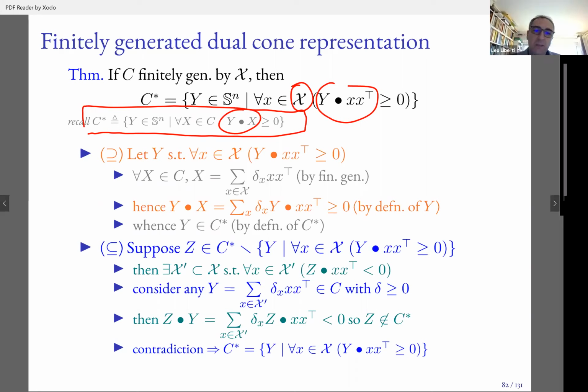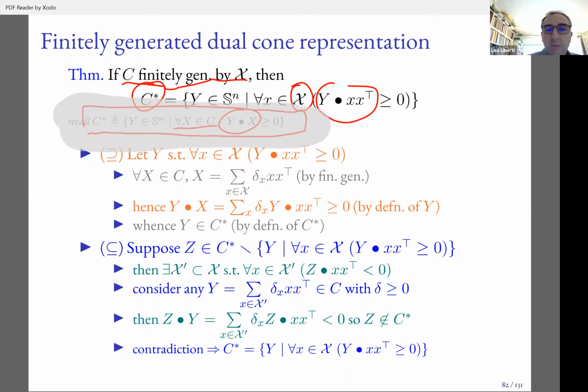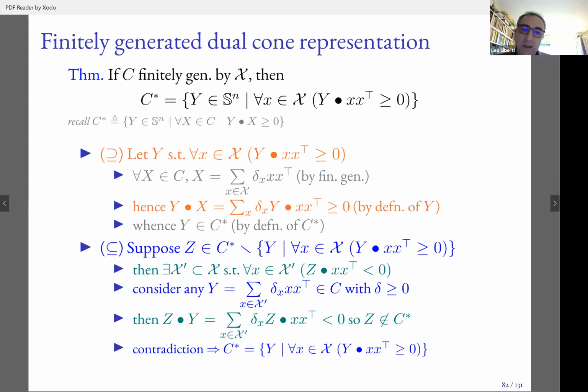So if C is finitely generated by X, then the dual cone has a representation in terms of the finite generating set and not only of the whole cone. This allows you to write the dual cone in terms of a finite set of matrices, which are all rank 1. Instead of going through the proof again, I will let you look at it later if you're interested. This proof is very simple. In fact, it should be a two-liner, but I wanted to be extremely clear.